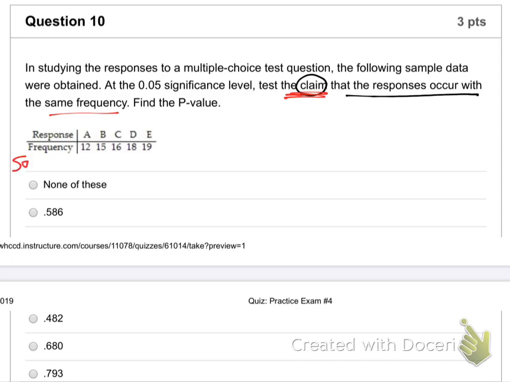Well, if they did the same, how many would that be? They didn't answer them all the same, but let's figure out what that would be. If they really were answering them all the same, how many A answers would there have been?